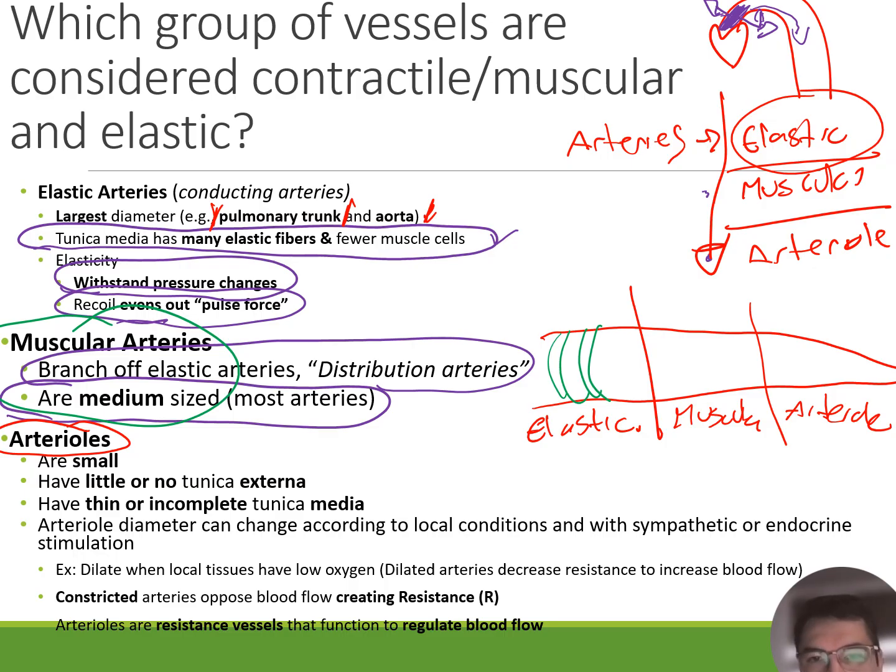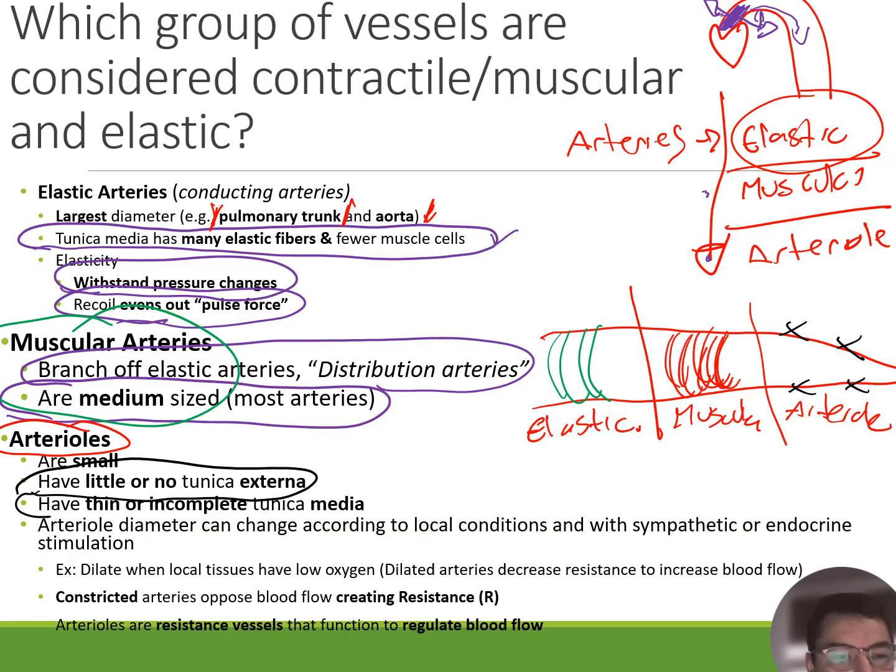The muscular has more of the muscular layer. And the arteriole, instead, has lost layers. It has lost layers, so it's very, very thin. It's starting to lose some of that tunica externa, with little to no tunica externa. It has a very thin to incomplete tunica media. So it is mostly tunica intima.